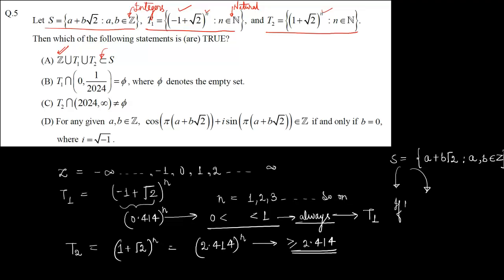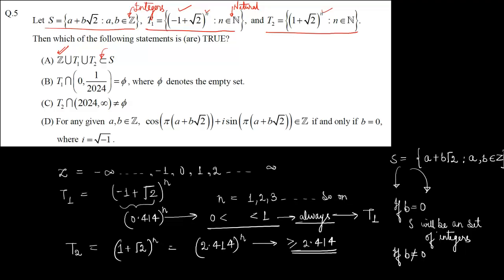If B is 0, then S will be the set of integers, and if B is not equal to 0, then it can be any number.